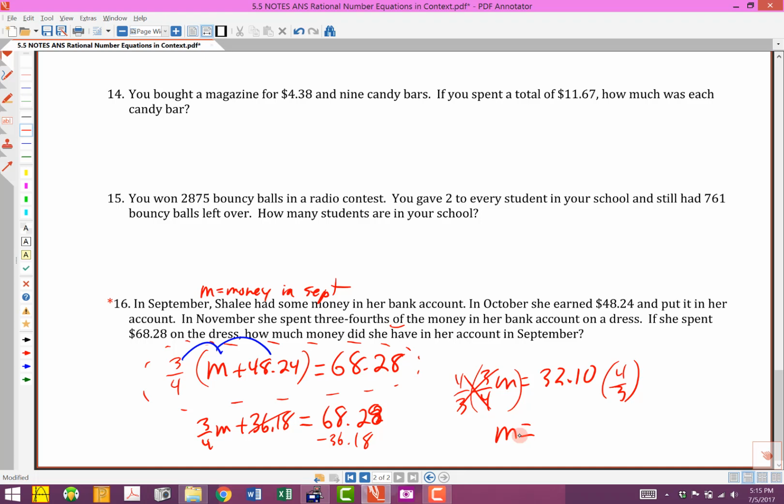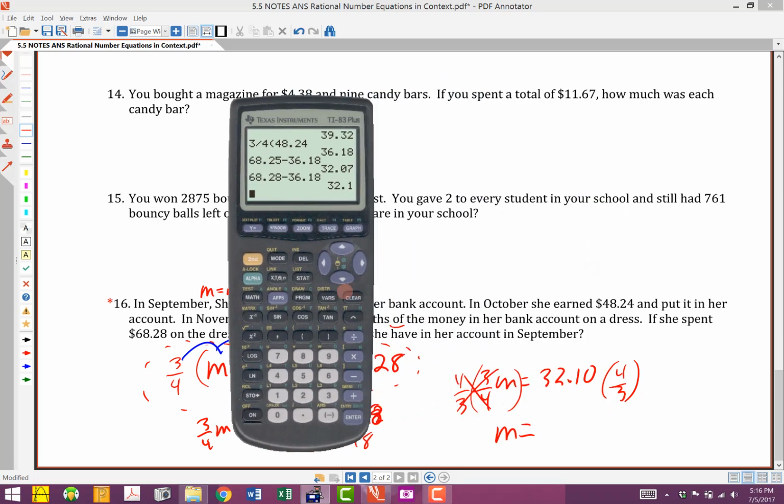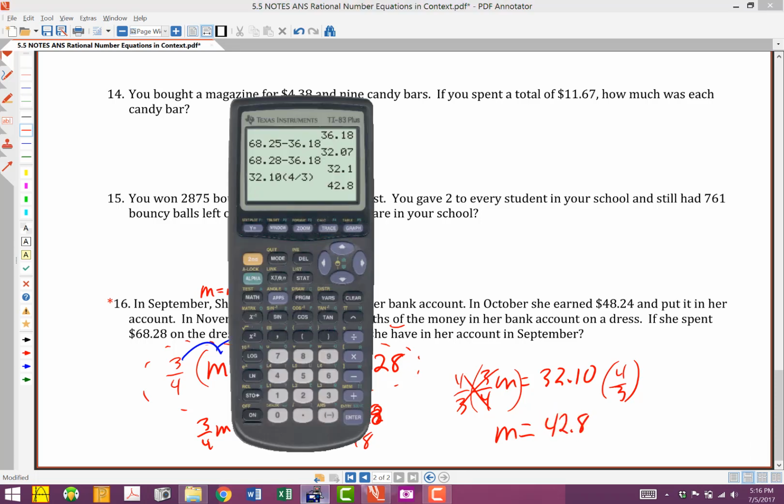Now, the good thing about a story problem is that if it doesn't work out nicely, we're just going to round and make it look good because we're talking about money here. So we take 32.10 and multiply it by 4 divided by 3. That's 42.8. Now this is an important point.